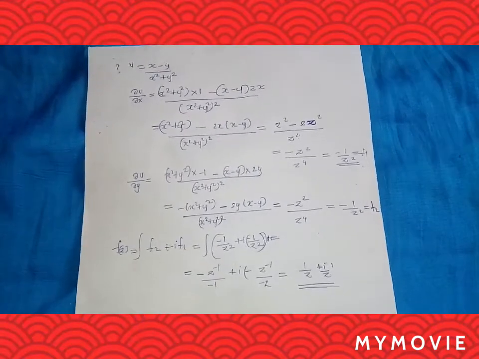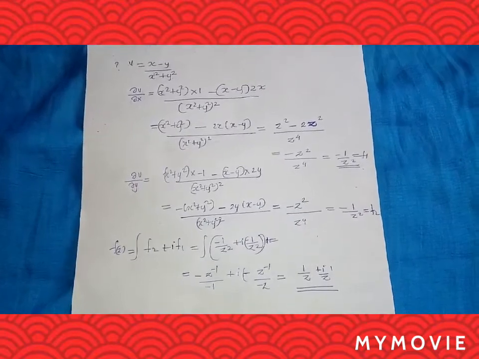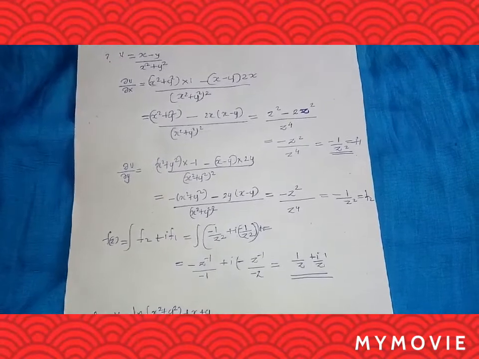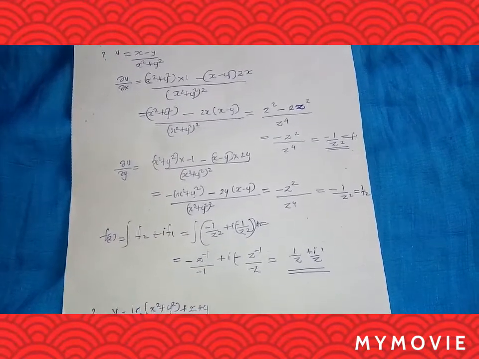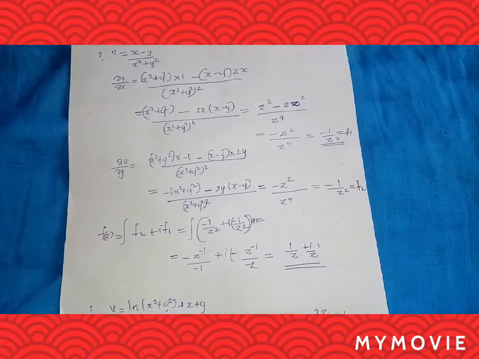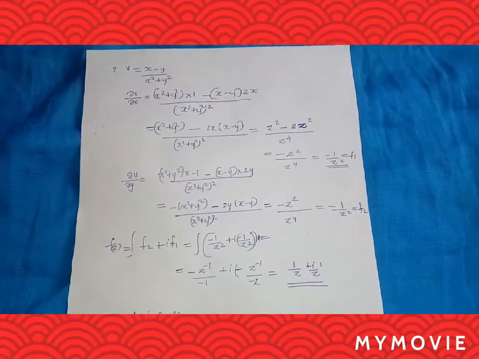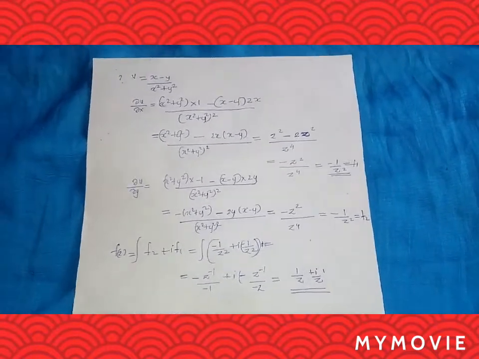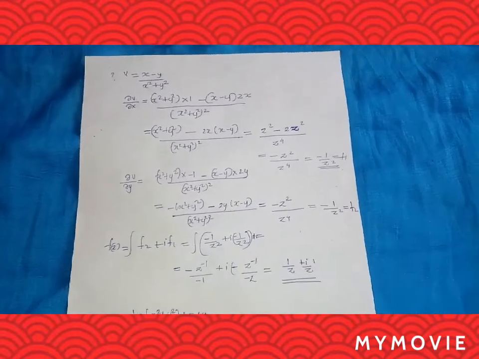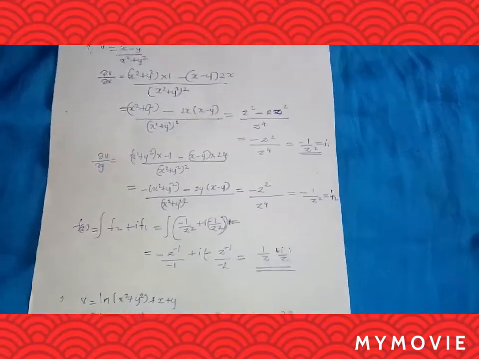With respect to y differentiation, we get the answer as minus 1 by z², that is f2. After integration, that is the integral of f2 plus i f1, we know that minus 1 by z² is considered as minus z raised to minus 2. We know that in integration xⁿ gives xⁿ⁺¹ divided by n plus 1. Here also z raised to minus 1 divided by minus 1 is the integration of z raised to minus 2. From that we get the answer as 1 by z plus i by z.